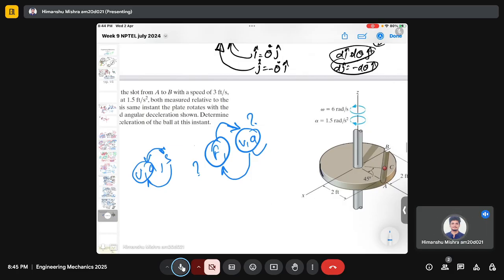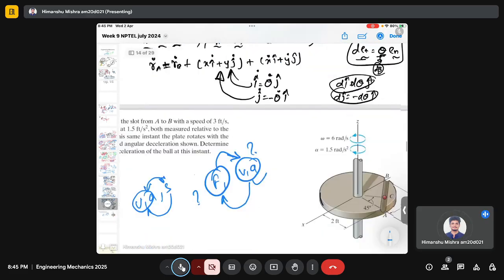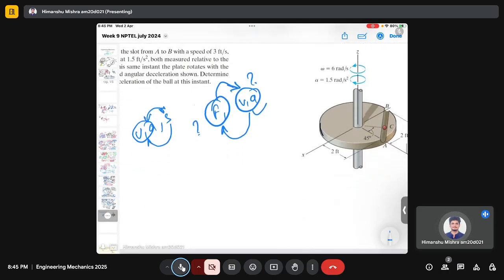But after this rotation frame of reference, we will move to kinetics topics, where we see how velocity and acceleration influence force, or how force influences velocity and acceleration. And there we will be using Newton's second law, where we say that force equals mass times acceleration.